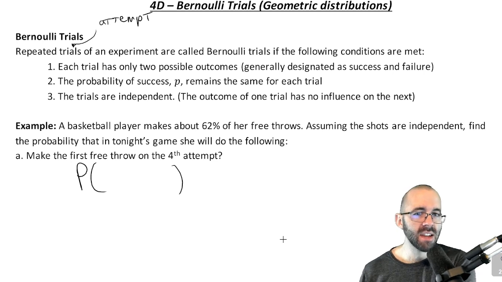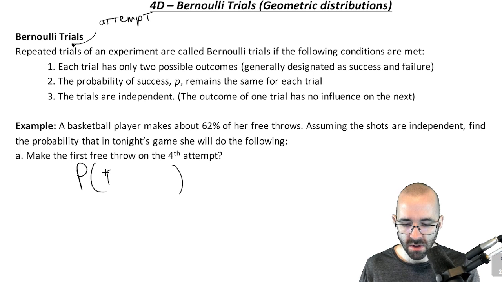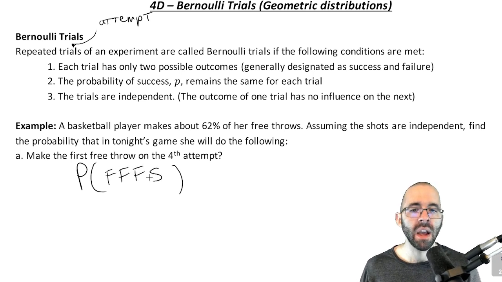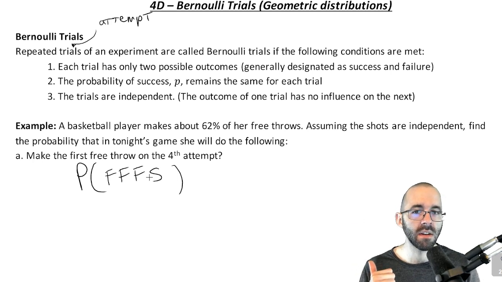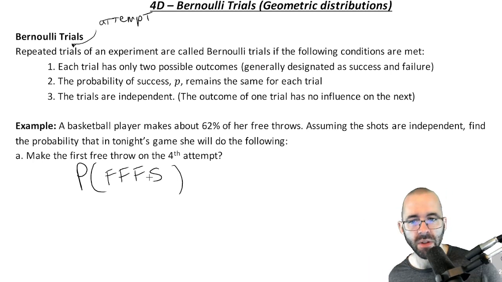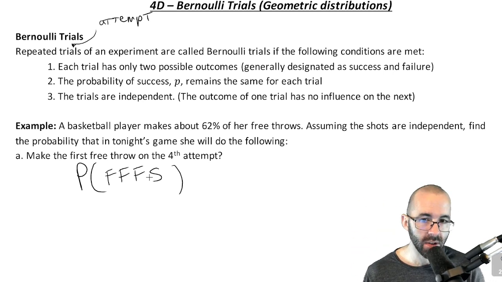Well, if her first success is on the 4th, that means she must have failed the first 3 times. So we can rewrite this as failure, failure, failure, success. If her first success is on the 4th attempt, the first 3 must be fails. This is what we're looking at, the probability of this.